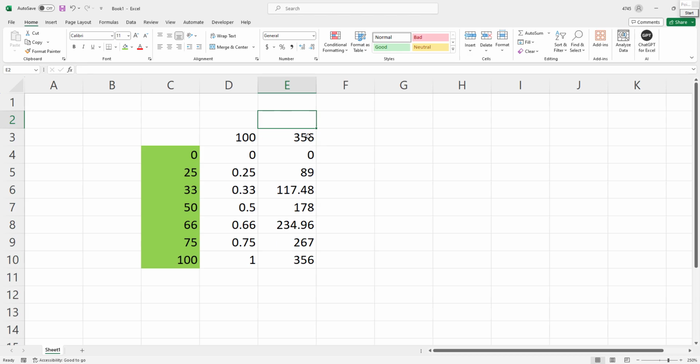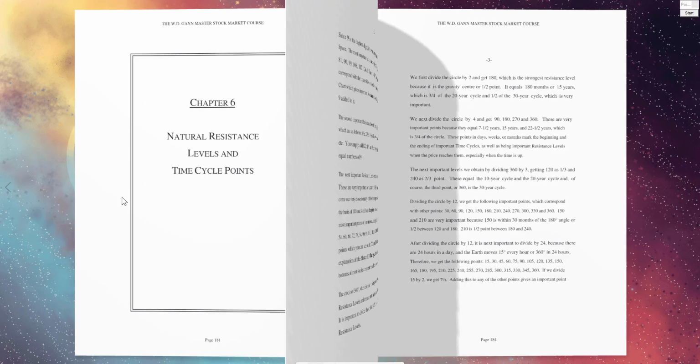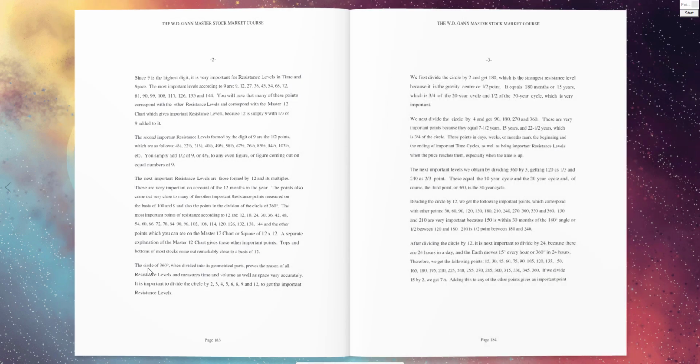One more thing, one more number that I would like to show you is, we are in the same chapter. This is just the third page of that chapter. You see the circle of 360 degrees, and he is trying to divide the circle maybe into 12 levels. He has given us a couple of lengths, you see, 180 months or 15 years, 20 years, half of that, 30 years, and he keeps going.